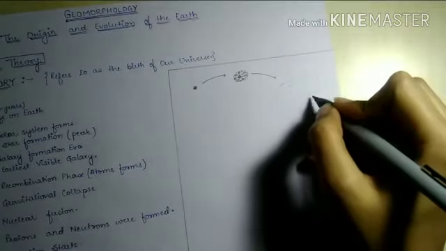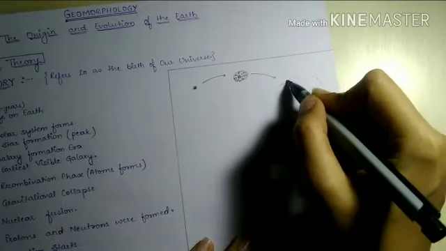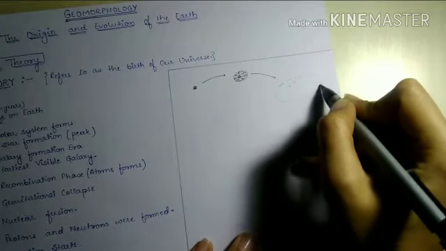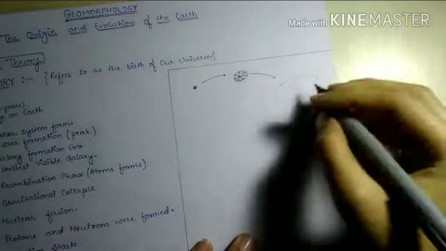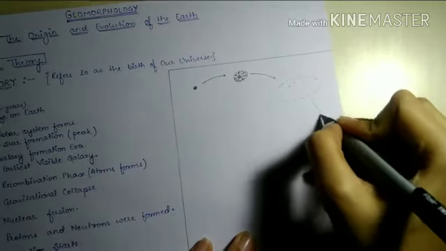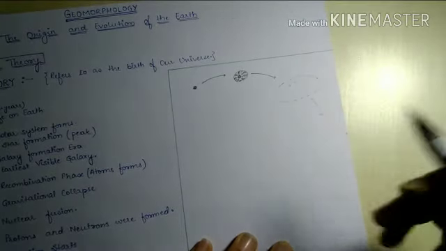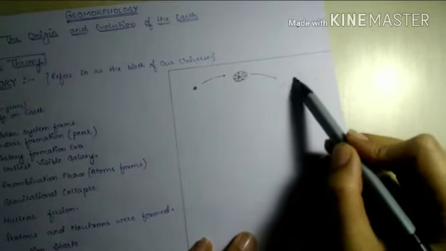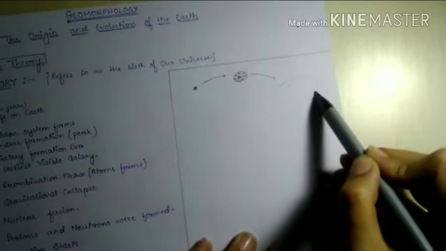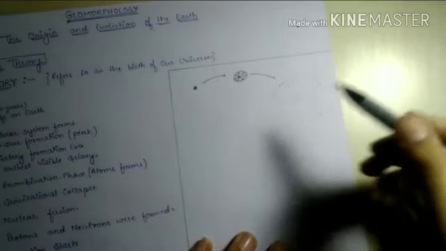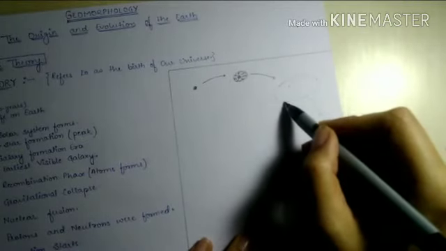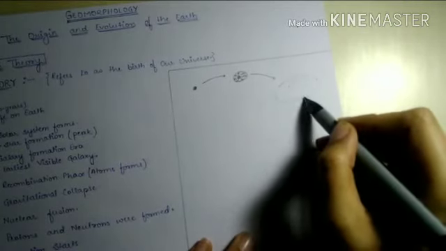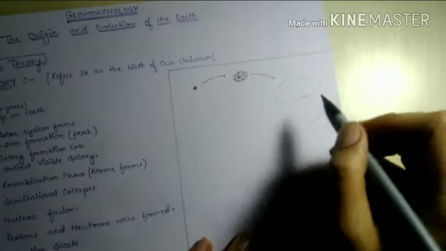As this thing expands, it decreases its density as well as its temperature. So with the expansion, our universe, which is going to be our universe, is decreasing its temperature as well as its density.